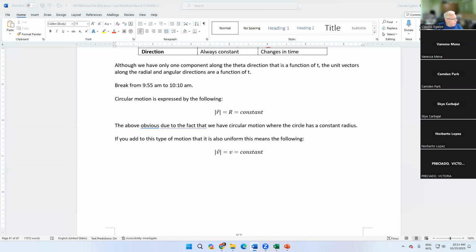In terms of the Cartesian coordinate system, we can write something like that.